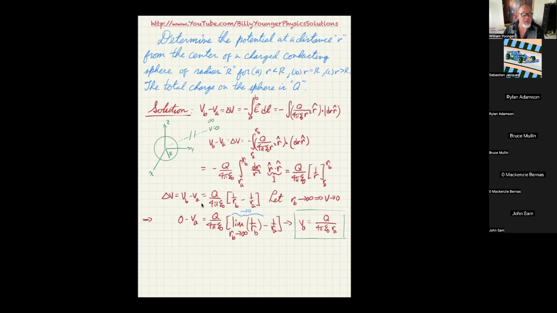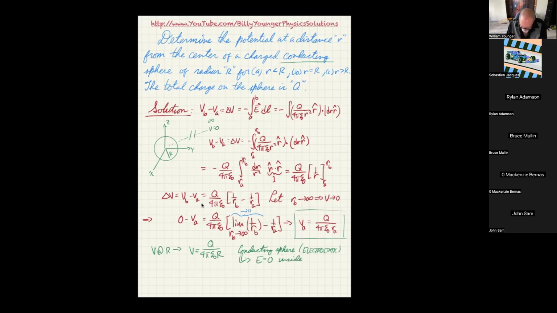If I wish to calculate the case for r less than R_0, then I'm going to figure out what the voltage is at, I said R_0, at capital R. So V at R is equal to Q over 4 pi epsilon naught R. And since this is a charged conducting sphere, the electric field inside the sphere is 0. It's also electrostatic.